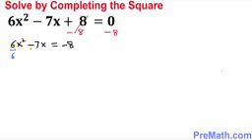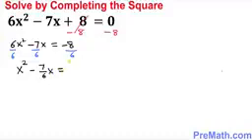So to get 1, we're going to divide by 6. 6 over 6 equals 1x squared. We must always have a 1 as a leading coefficient. Minus 7 over 6x equals -8 over 6, which can be reduced to -4/3.